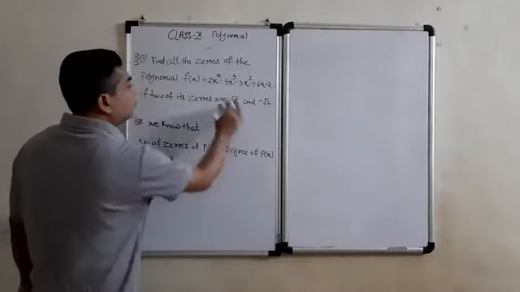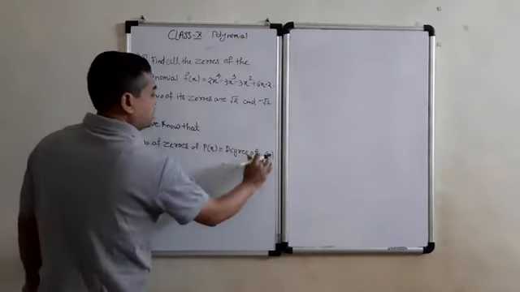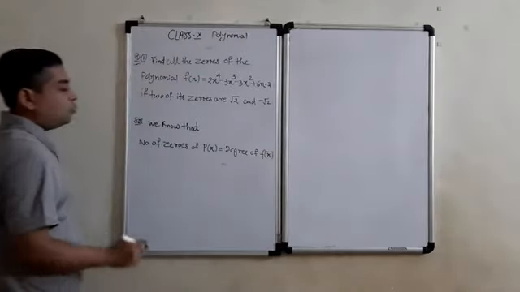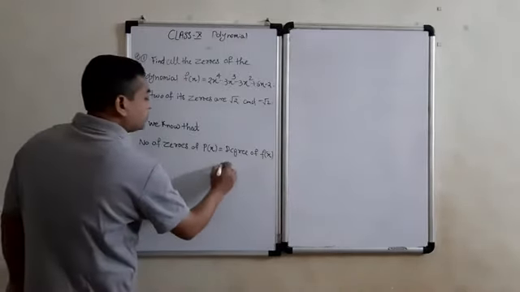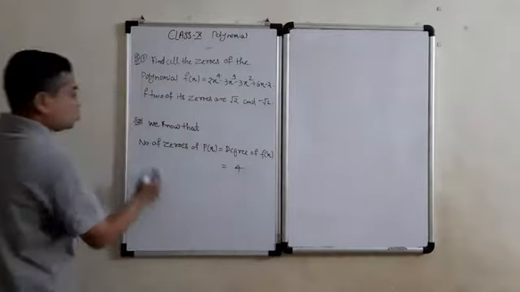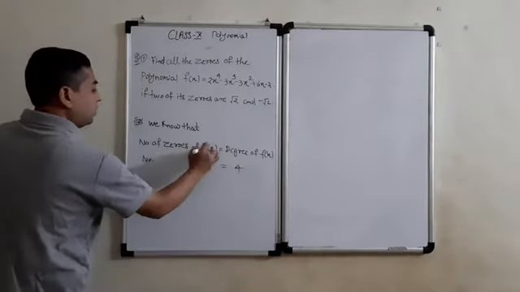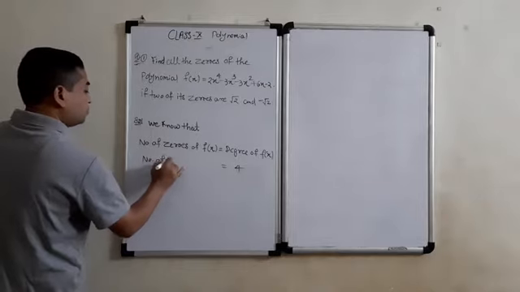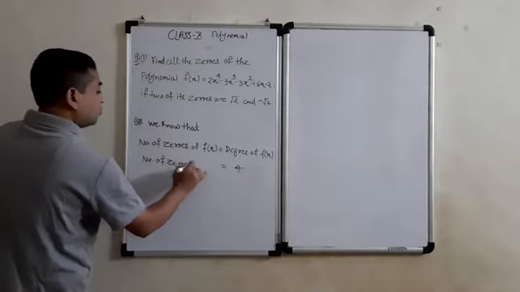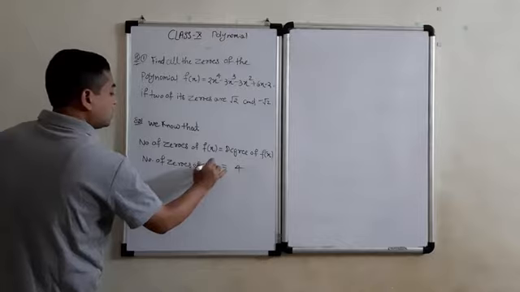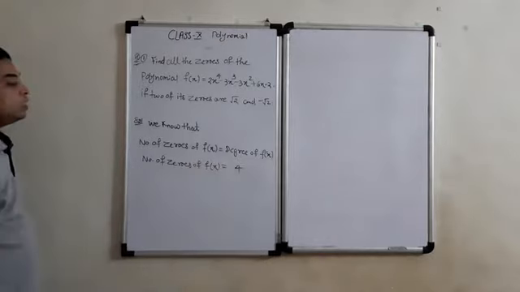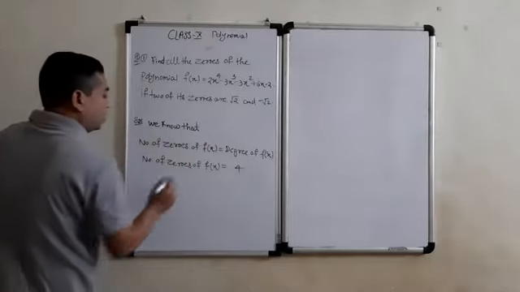What is the degree of p of x or f of x? Whatever you will say, f of x. So here the degree will be 4. So the number of zeros of f of x is equal to 4. So out of 4, 2 is already given to us.